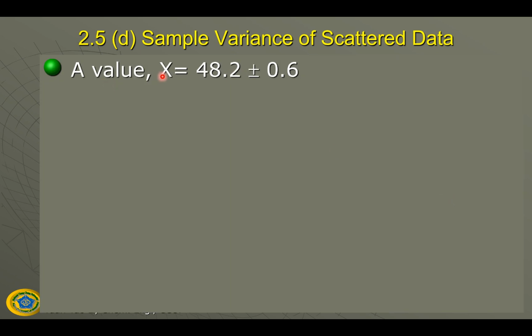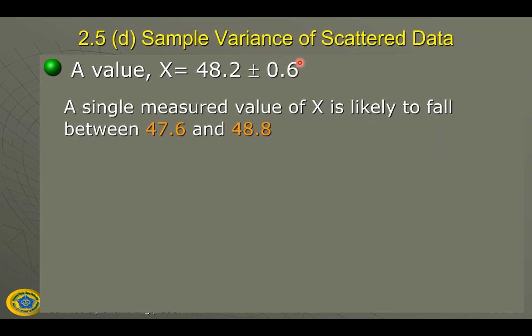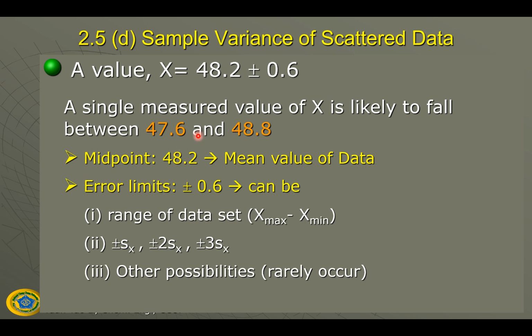Here is an example: x equals 48.2 plus or minus 0.6. This is the error limit, right? That means x can be in the range of 48.2 plus 0.6 or 48.2 minus 0.6. The mean point is 48.2, but you want to know what this error limit is.